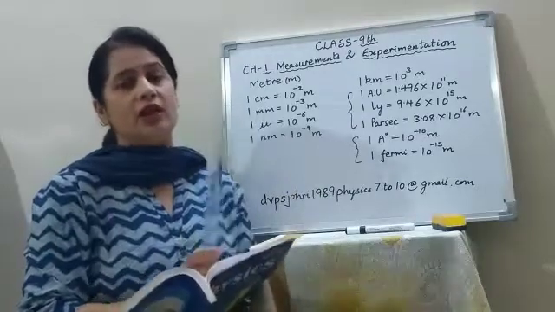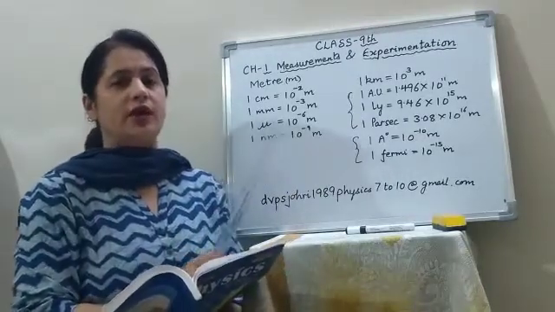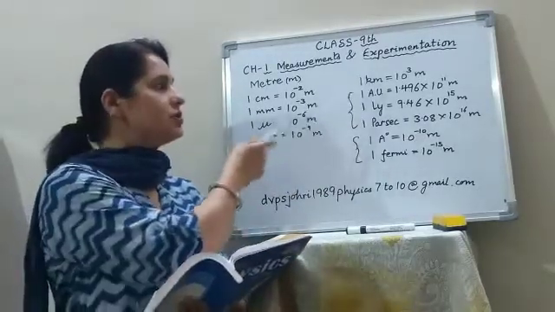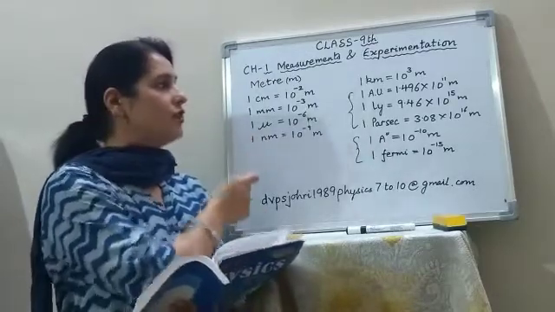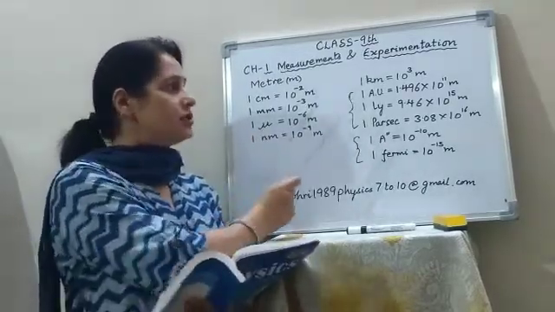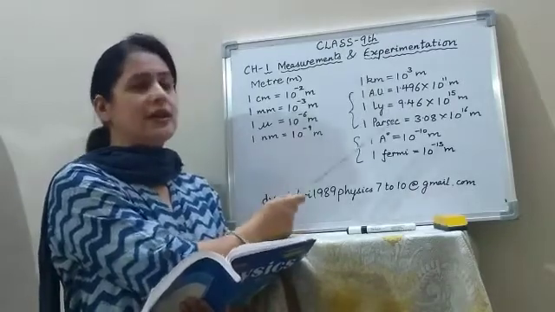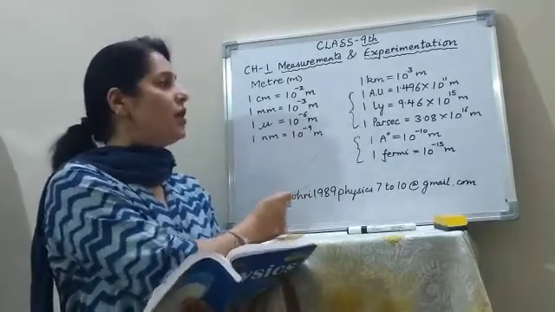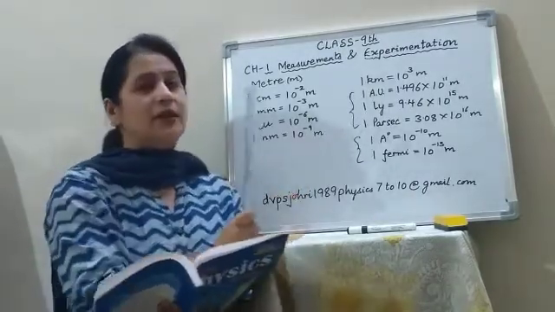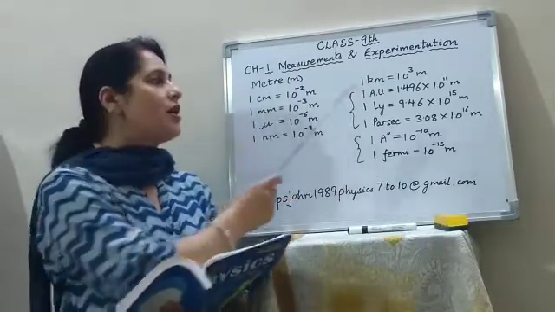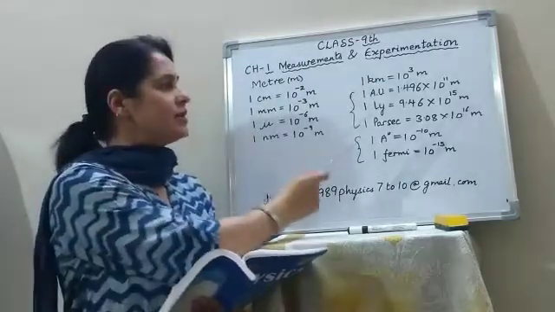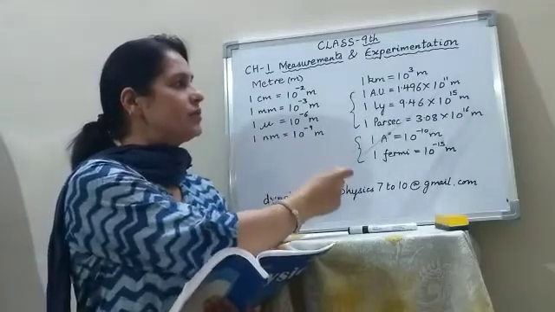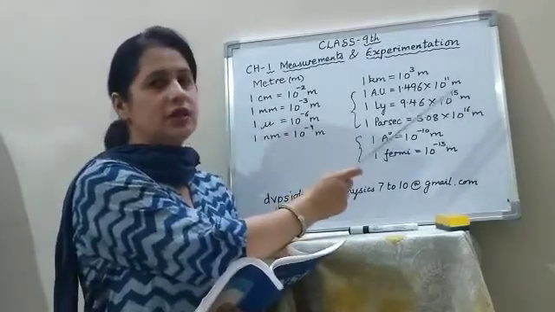For measuring very large distances, to measure the distance between heavenly bodies, we cannot use these smaller units. So you have to use very big units, which are astronomical unit, light year and parsec. Now 1 light year is the distance travelled by light in 1 year in air or vacuum. And 1 light year is 9.46 into 10 to the power 15 meter.